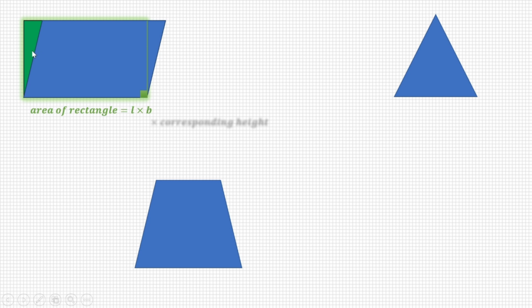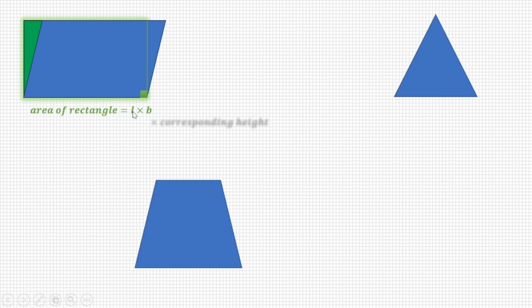This is the hypotenuse. If we multiply this with this, the area will be more than the green and blue. That means this side into this side does not give us the area of a parallelogram. It's always multiplied by this and this.